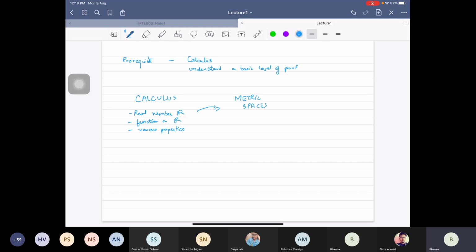Okay. In metric spaces, you will not have the real number system. You will have a set endowed with a distance function. You will study functions on this particular set and related properties. And its natural progression is topological spaces.